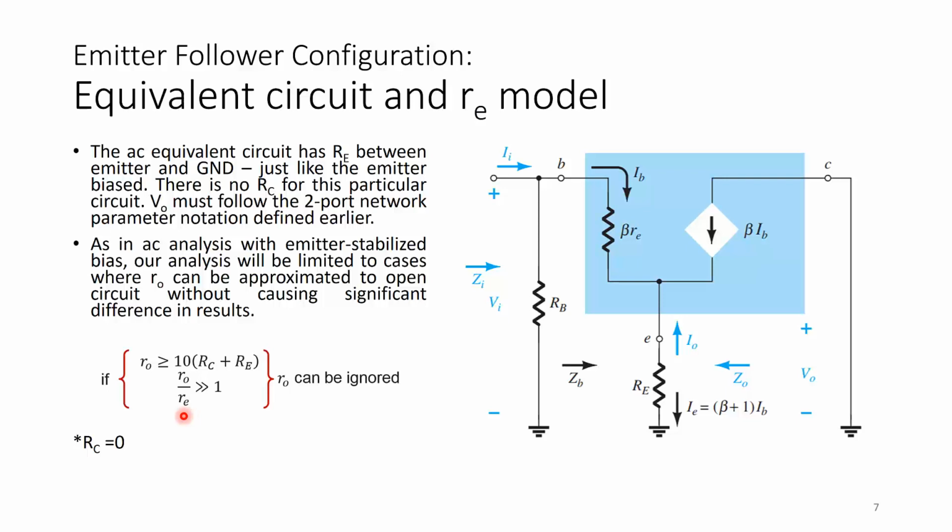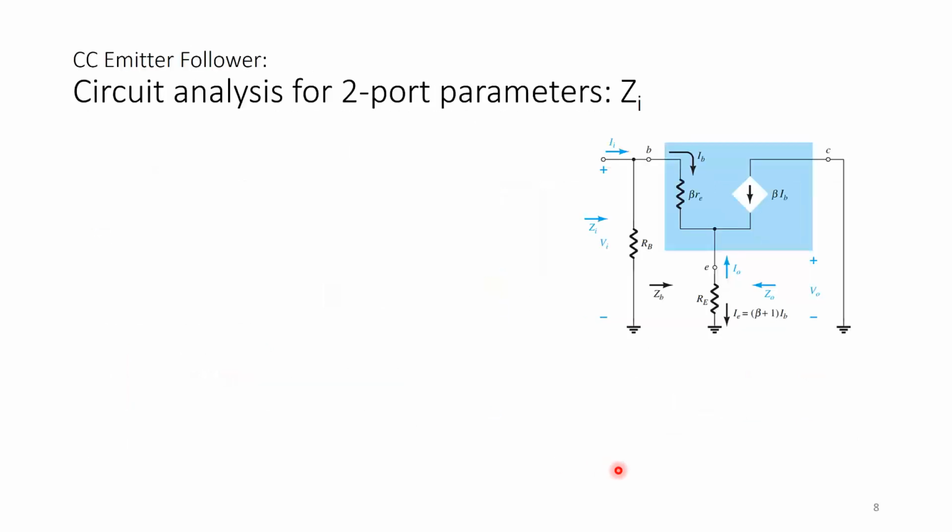In this case, because RC is equal to 0, R out is greater or equal to 10 times RE only. So now let's see how to calculate Z in, Z out, and AV.